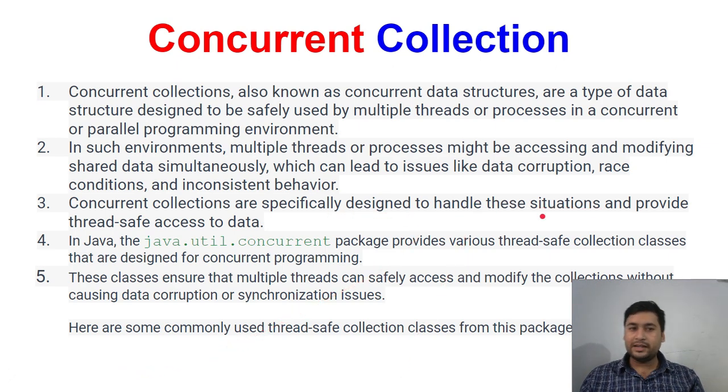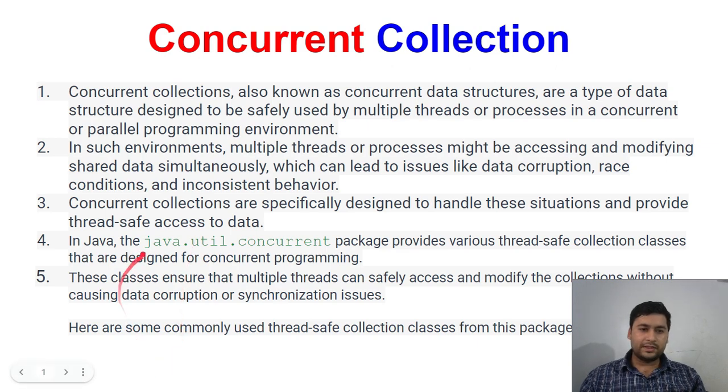The race conditions, data corruption, and inconsistent behavior I mentioned are all problems that concurrent collections solve, providing thread safe access to the data. Thread safe means that multiple threads will not access the same data at the same point. That is called thread safe.